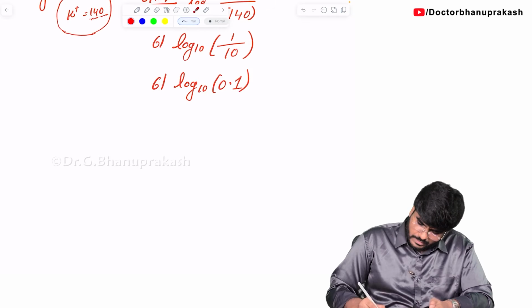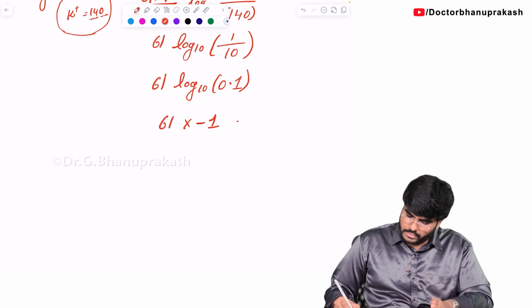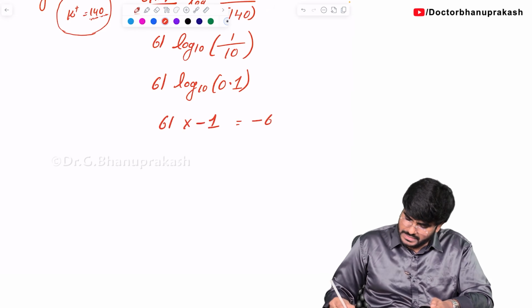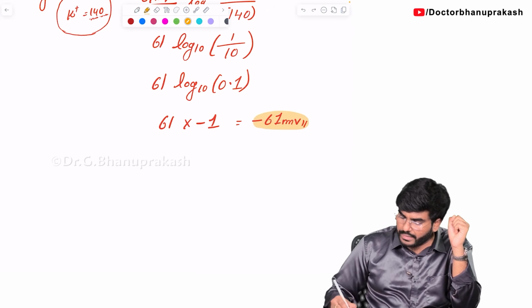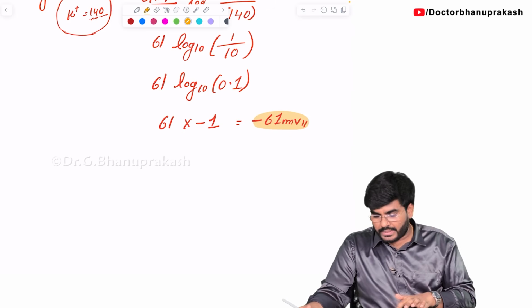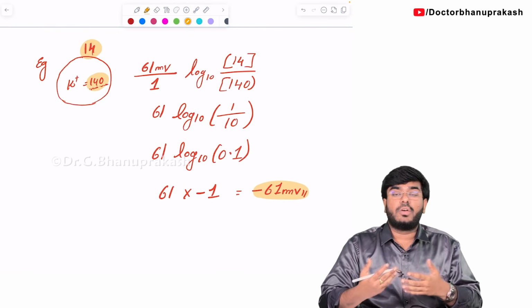It is going to be minus 1. So, 61 into minus 1 is going to be minus 61 millivolts. So, this is how to calculate the equilibrium potential of an ion. In this particular example, we have calculated the equilibrium potential of potassium.